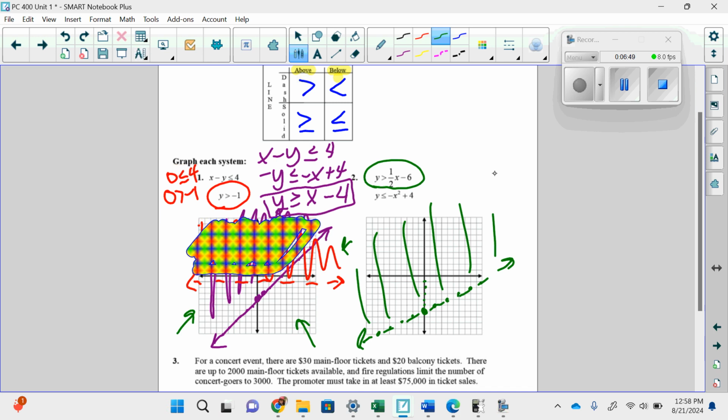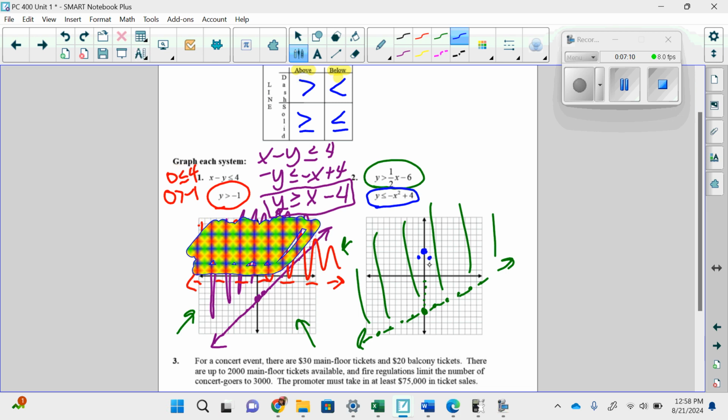gets larger. Our second inequality, our quadratic inequality, is in vertex form. The vertex is at (0, 4). The a value is -1, so our parabola is opening down instead of up.